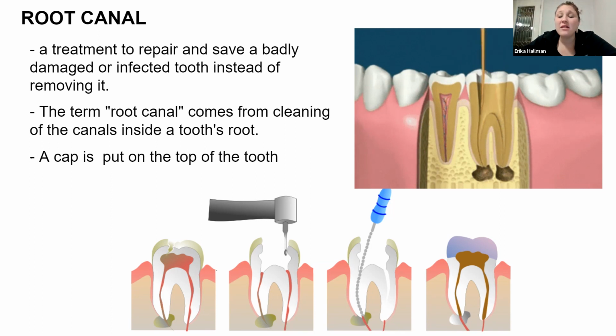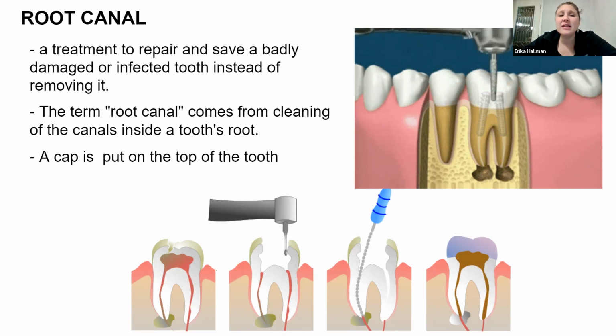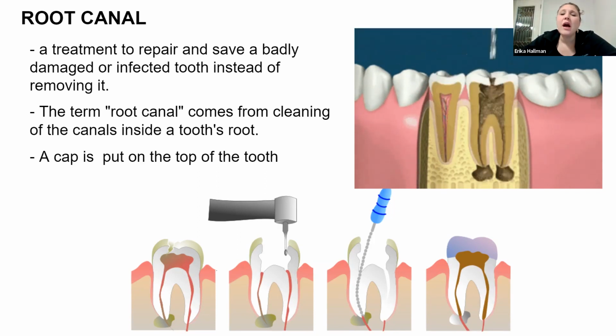When you have that decay that's really deep in the tooth, it's treated with a root canal. Essentially, in a root canal, you will go to a dentist or an oral surgeon. They will drill out all of the decayed tissue. They will scrape out all of the decayed root. They will pack it with some sort of substance that will stay pretty hard throughout the rest of your life.